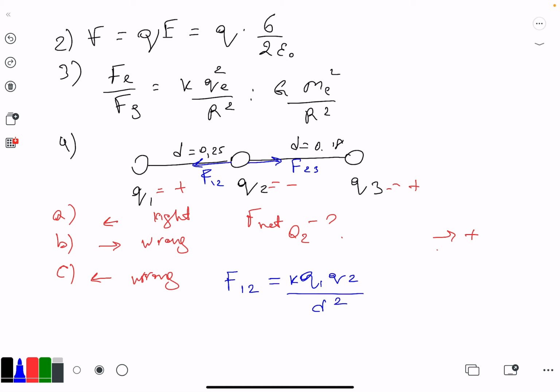Whatever number you get will be negative since it's pointed to the left. And then you have to calculate F23, which is k Q2 Q3 divided by the distance squared, the distance between Q2 and Q3. So the net force on Q2 will be F23, which is pointing to the right and is positive, minus F12. So that's it.